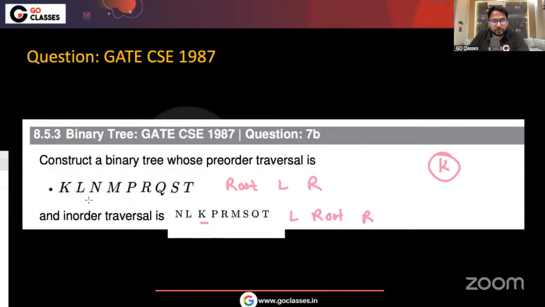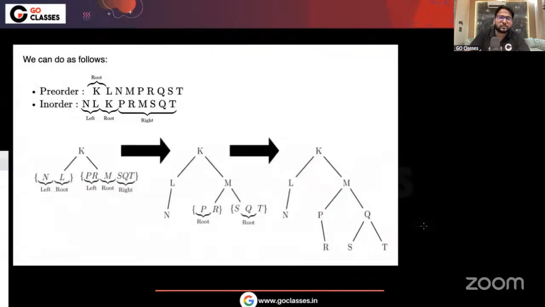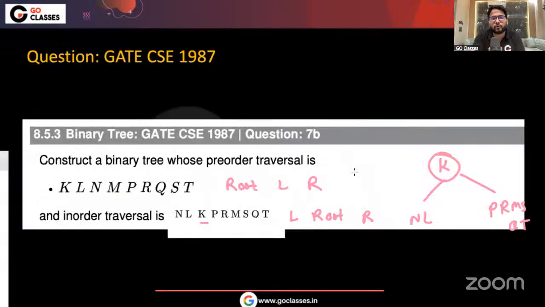K is the root, NL is on the left, and the remaining PRMSQT is on the right. Let me go to the next page. You can keep on doing it and find out the tree. Since there are many questions, I'm skipping this one. I hope you do it as homework. This is an easy question only.